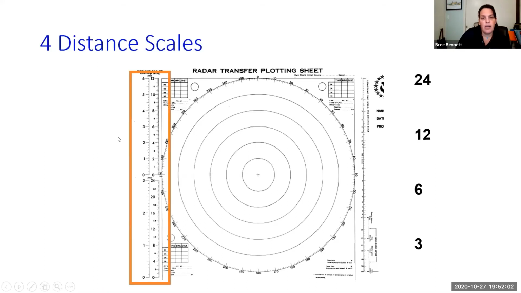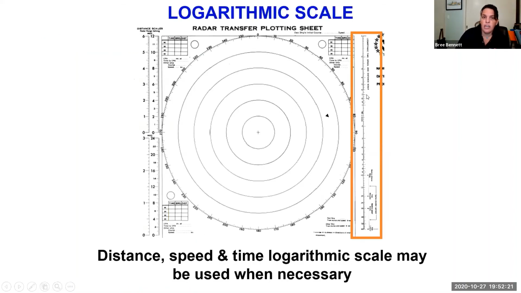Okay. We have our distance scale on the side. Again, we could use them. Whichever one I decide I'm using, I like to cross out the other ones so I don't get confused and easily go to another one. So that's good. On the right-hand side, on mine it says speed scale.